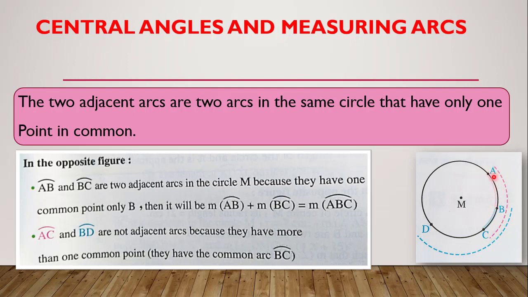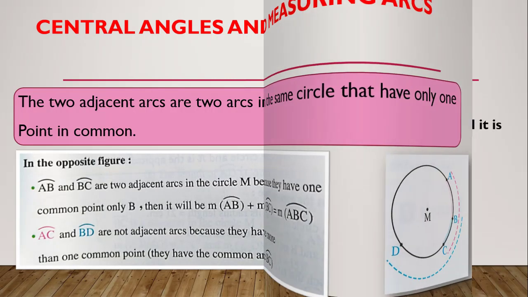But the arc AC and the arc BD are not adjacent arcs because they have more than one common point. For example, points B and C are common.